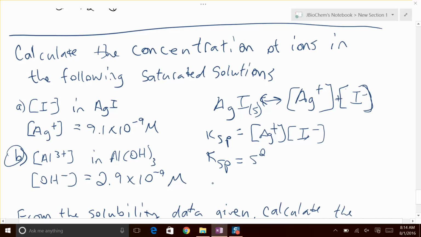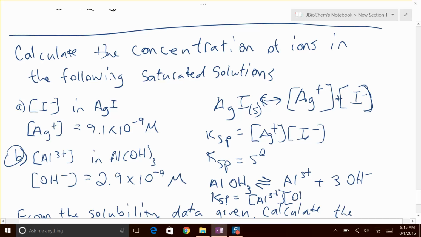We never wrote the reaction in balance. Al(OH)3 in equilibrium with Al3+ plus 3 OH minuses. Okay? So my KSP equals the concentration of Al3+ times the concentration of OH minus cubed. All right.